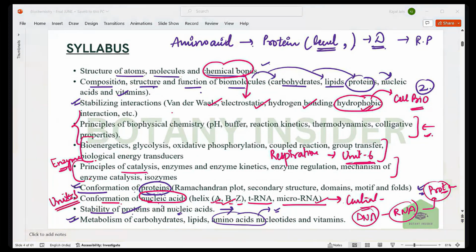So why am I telling you all these things? Because understanding the syllabus of the entire unit, not just the unit but the entire examination, is very very important, and understanding the flow in which you have to study is also important.